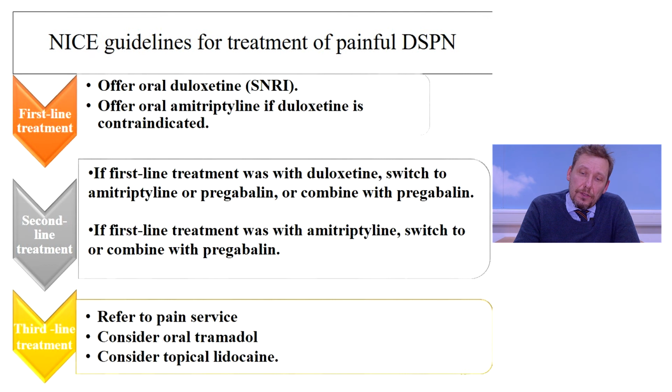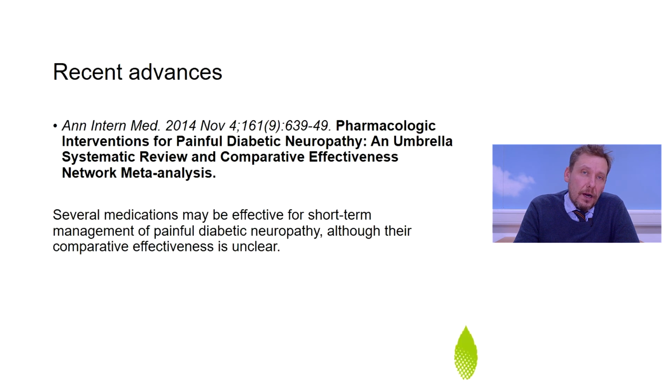If first-line treatment was with duloxetine, it's recommended to switch to amitriptyline or pregabalin, or combine one of those two agents with pregabalin. It is recommended in the UK that failure to control symptoms with those three drugs, or two in combination, should warrant a referral to a pain service, and it isn't recommended that prolonged courses of opiate-based analgesics are used under these circumstances.